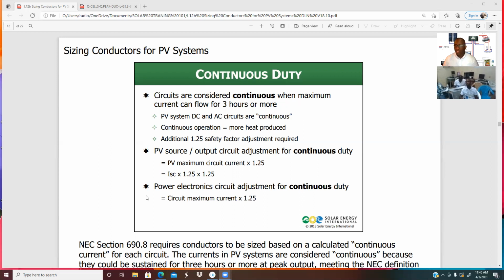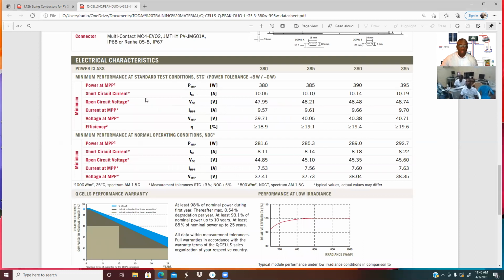We went over this mathematical formula yesterday. We said to find the continuous duty, you remember after we looked at the model, this is the PV model here, we are given the short circuit current. They give us the short circuit current of 10.05. We multiply 10.05 by 1.25 and we got 12.6.